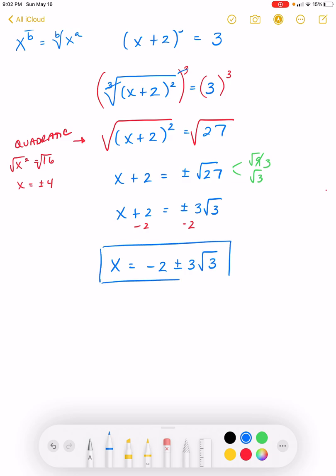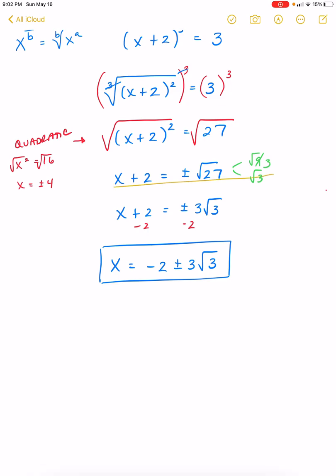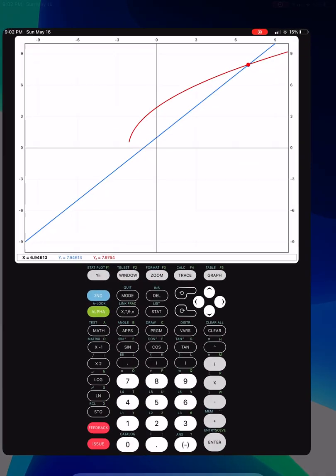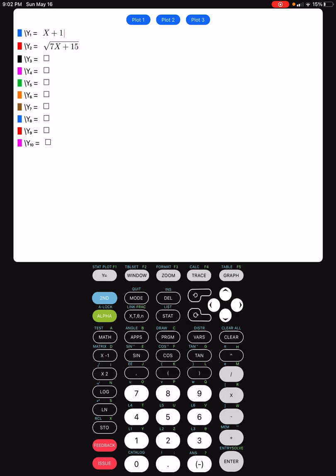Okay? And this time I'm going to check my answer by looking at the graph. So let's go back into our calculator and go into y equals, and I'm going to type in the left side, (x plus 2) raised to the 2/3 power, and then we've got this minus 1 right here.